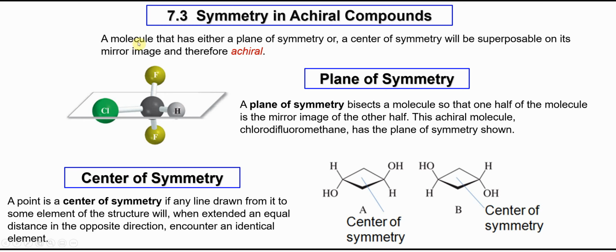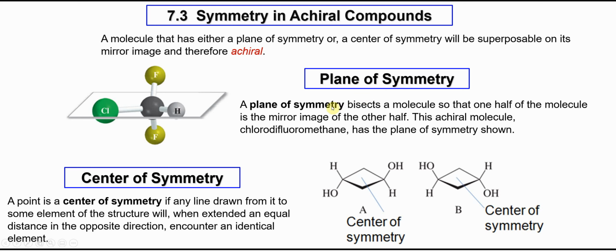If a molecule has either a plane of symmetry or a center of symmetry, the molecule will be superimposable on its mirror image. Therefore, molecules with either a plane of symmetry or a center of symmetry will be considered achiral molecules.